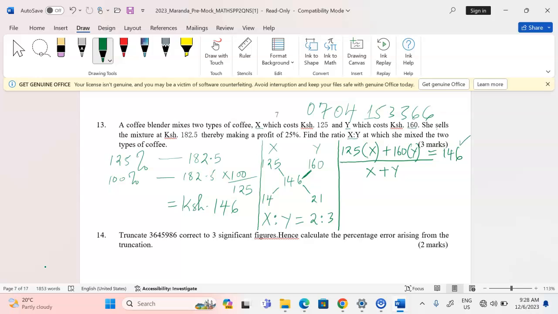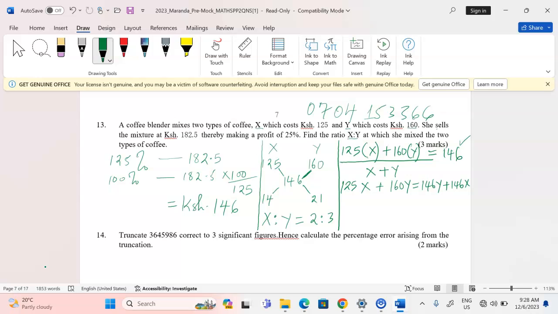Now we can talk of cross multiplying, so that 125X plus 160Y will be equal to 146Y and 146X after cross multiplication for X and Y. Okay, so we can group like terms together.